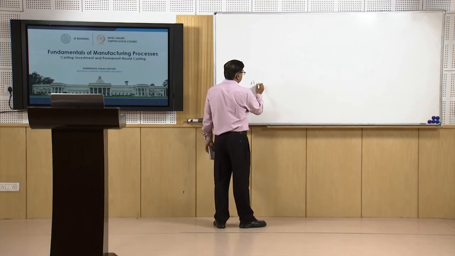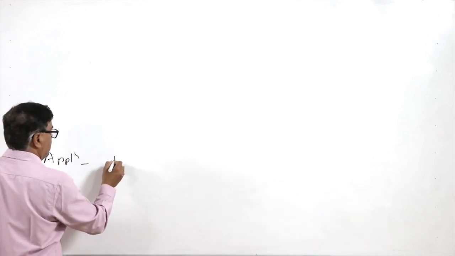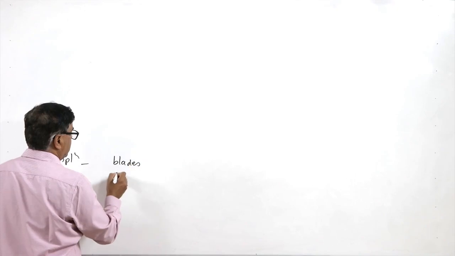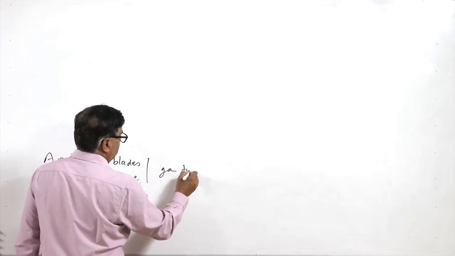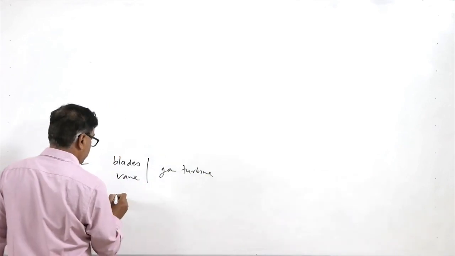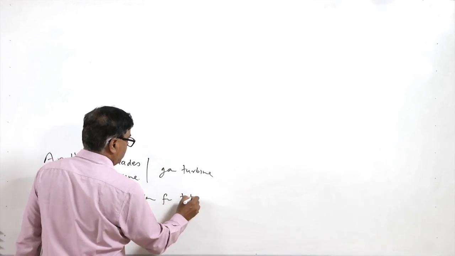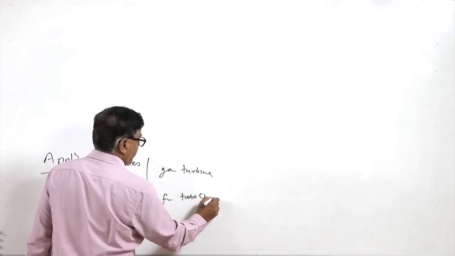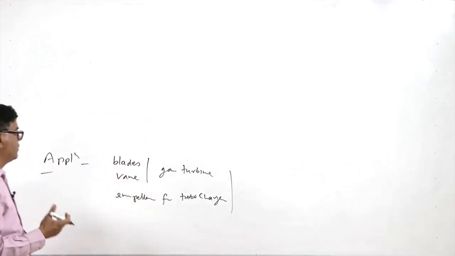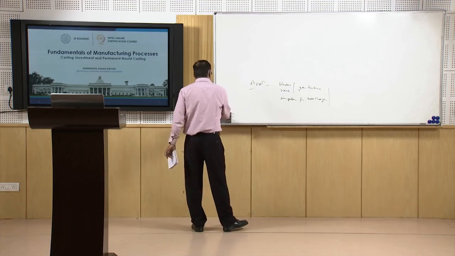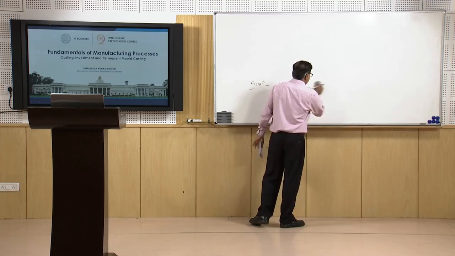But nowadays, this process is used for making blades, vanes for gas turbines, and impellers for turbochargers. So, wherever complex geometries with fine details need to be produced, the investment casting process is preferred.